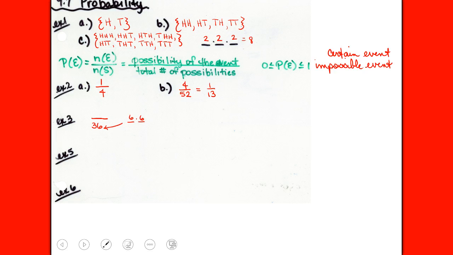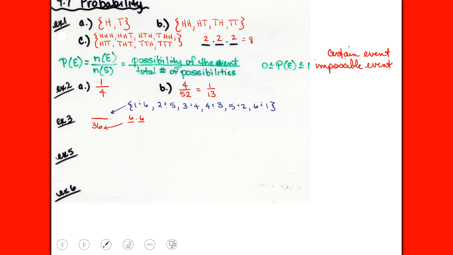So again, I want to go about this in a methodical way so I don't miss any of them. So maybe I start with 1 and say 1 and what? 2 and, 3 and, 4 and, then 5 and, 6 and so we've got our possibilities.